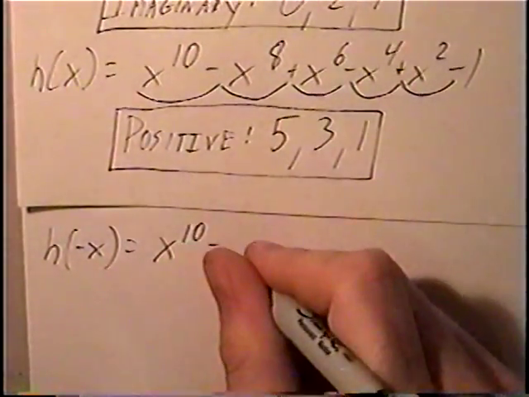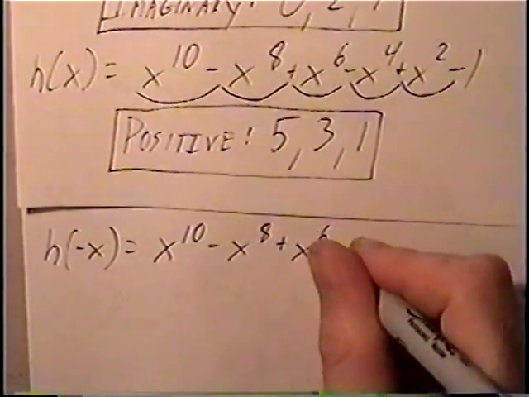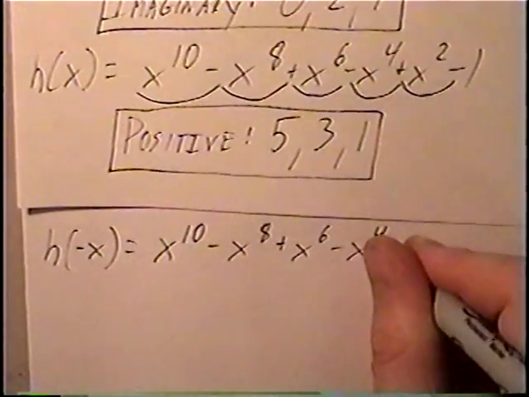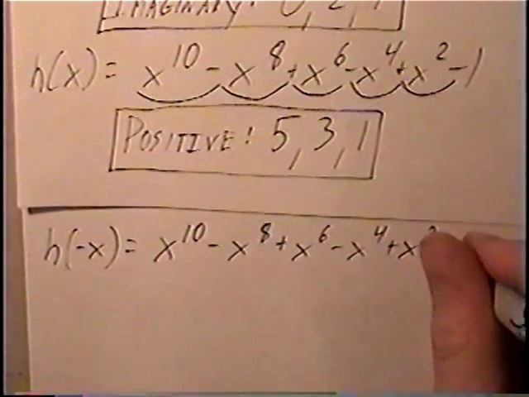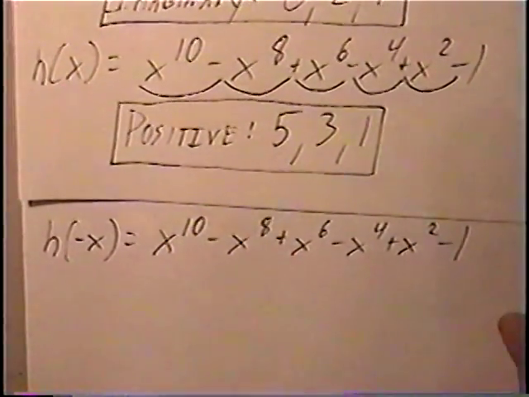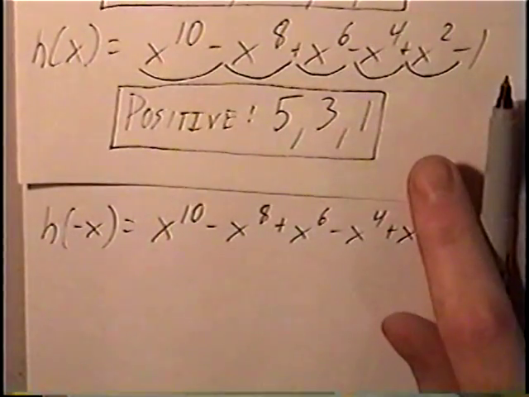X to the 10th would stay the same, x to the 8th would stay the same, all the way down for the entire function. Since there are no odd exponents and the negative one's constant, the function would stay exactly the same for h of negative x.